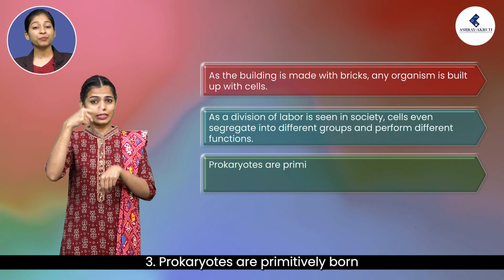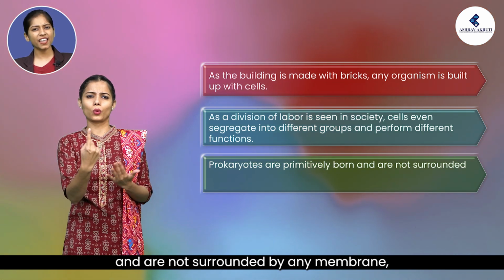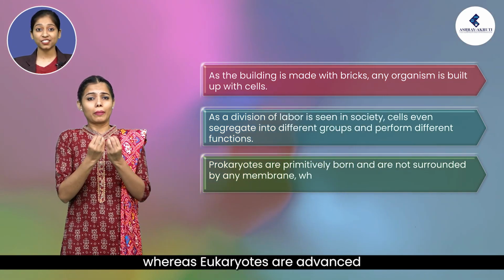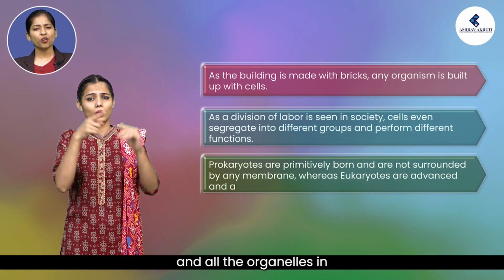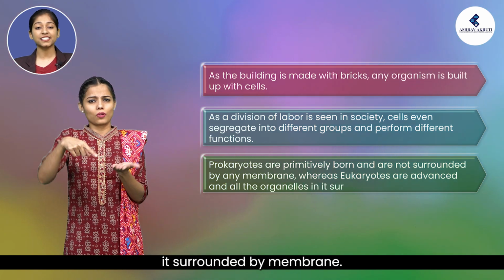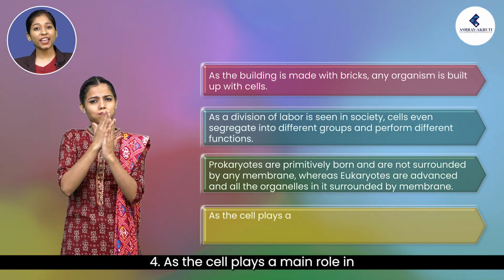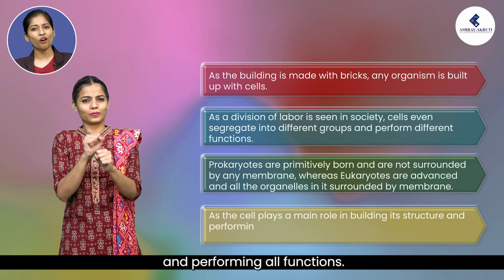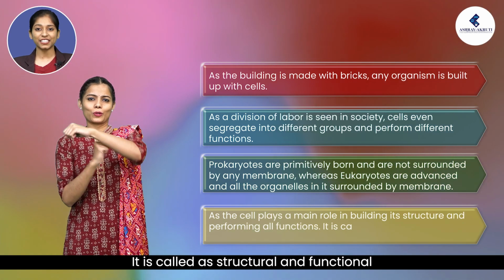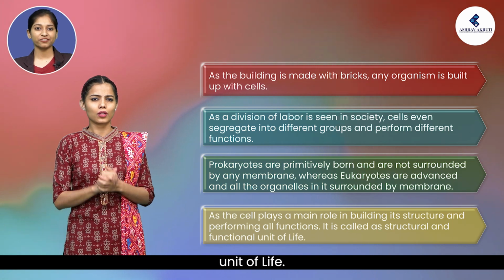Prokaryotes are primitively born and are not surrounded by any membrane, whereas eukaryotes are advanced and all the organelles in it are surrounded by membrane. As the cell plays a main role in building its structure and performing all functions, it is called the structural and functional unit of life.